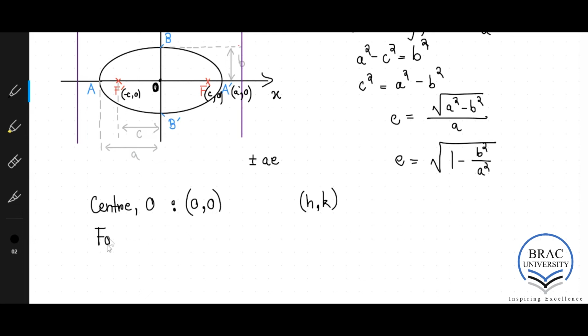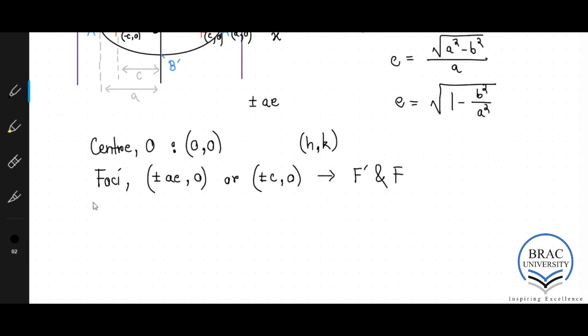The foci are at plus minus ae, comma 0, right? It's not shifted on the y. Or you could also write plus minus c, comma 0. And this represents our points f prime and f.